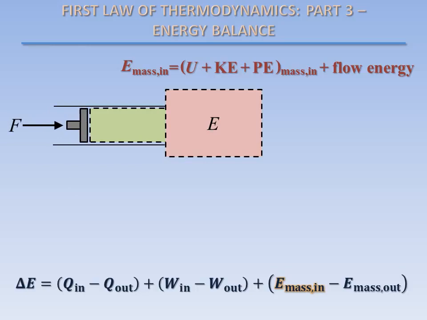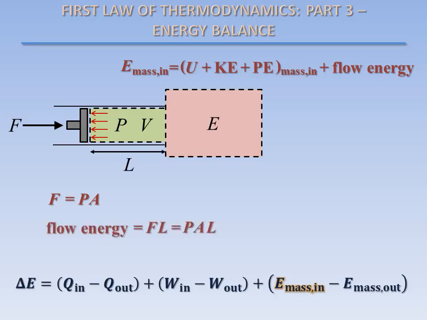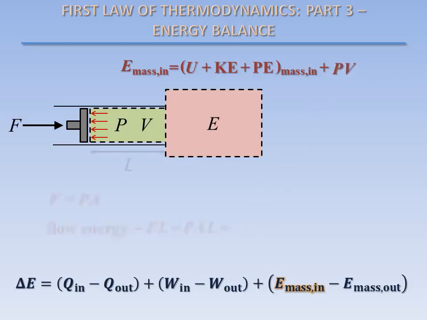Suppose the mass that will enter our system is at some pressure P, and that it has some volume V. The force applied on the mass is equal to the pressure of the mass times its cross-sectional area A. In order to push all of the mass into our system, this force must act over the entire length of the mass, L. The flow energy, then, is the force times the length. This can be expressed as the pressure times the volume. This flow energy is added to the total energy of the mass that will enter our system.